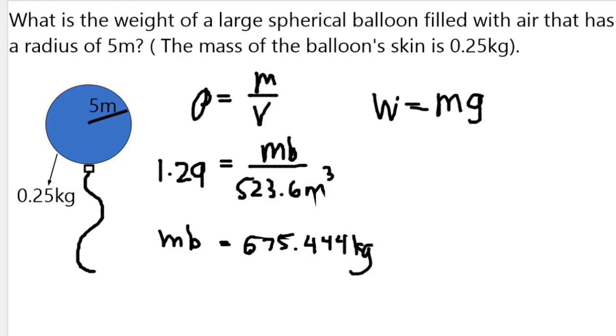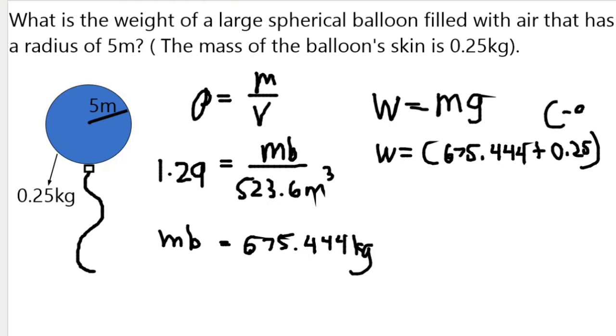As we get the mass of the balloon, we're finding the weight. The weight is going to be mass times gravitational acceleration. The mass is going to be 675.44 plus the balloon skin, which is 0.25. Then we multiply it with the gravitational acceleration.